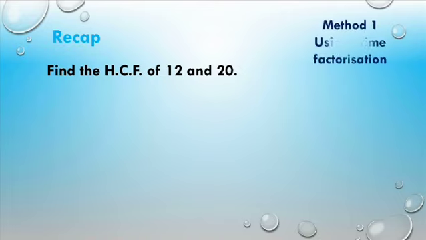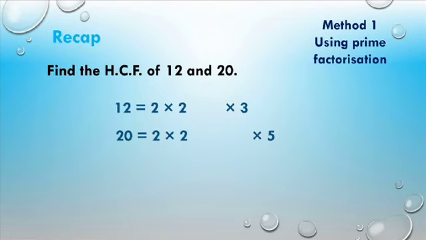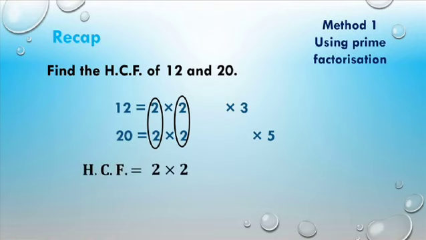So we're going to use the method of prime factorization. 12 can be written as 2 times 2 times 3, that is in terms of prime numbers. 20 can be written as 2 times 2 times 5. So what are the common factors? We can see that 2 is common. 2 is again common. So the HCF is going to be 2 times 2, which is 4.